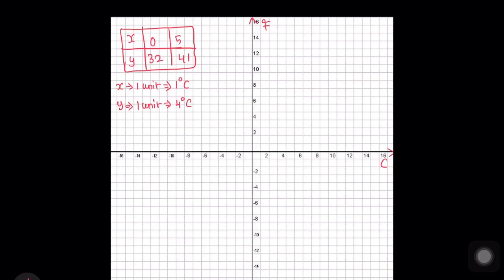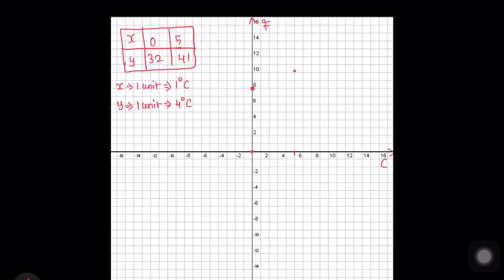In the first point, x = 0 and y = 32. That means x is 0 and y is 32, which is 8 times 4 is 32. So this position. The next one, x = 5 and y = 41. So x = 5 is this position, and y = 41 means 10 units is 40 and 1 above.